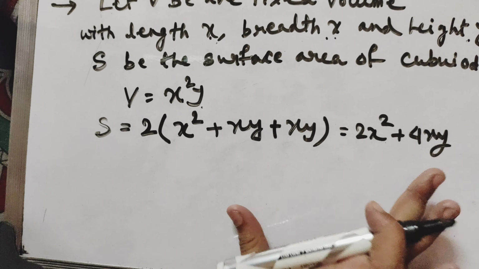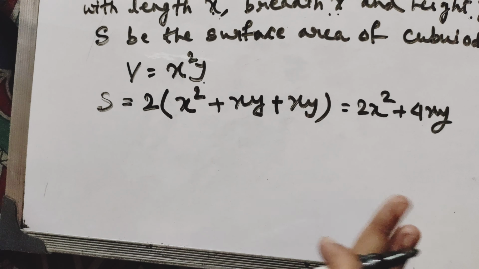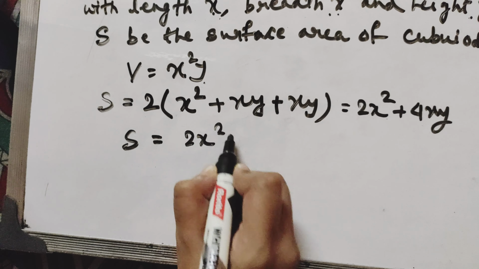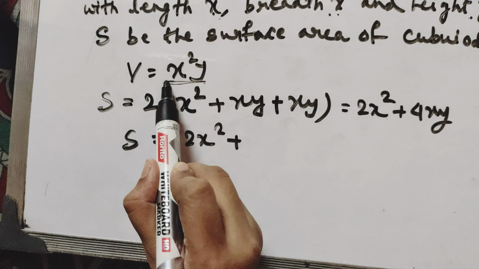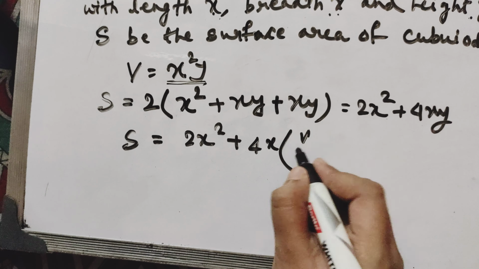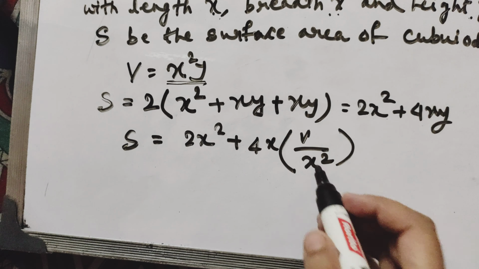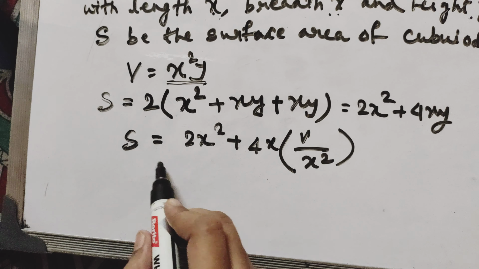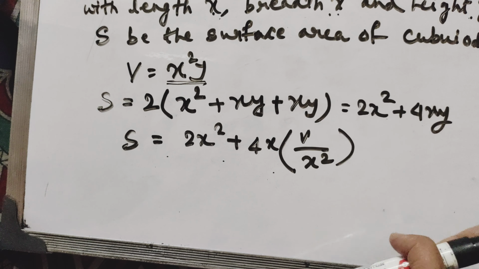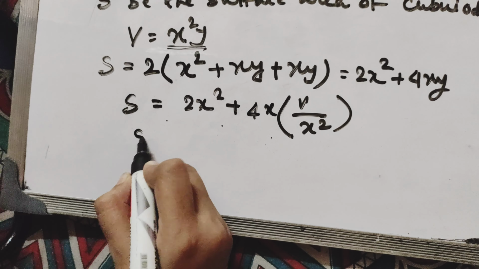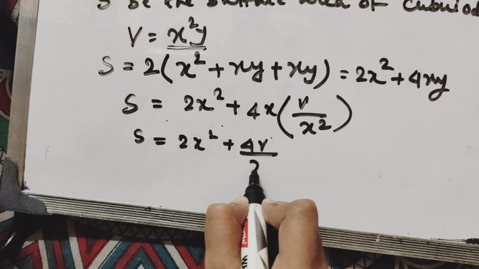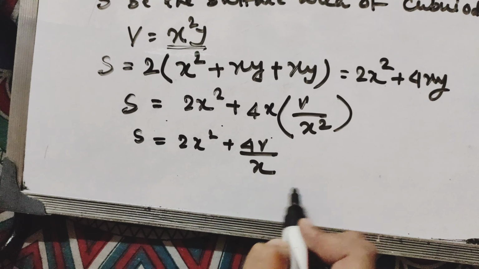Now since V equals x squared y, we may rewrite y as V by x squared. Now S equals 2x squared plus 4x into V by x squared. So S equals 2x squared plus 4V by x. Okay, so this is our function.